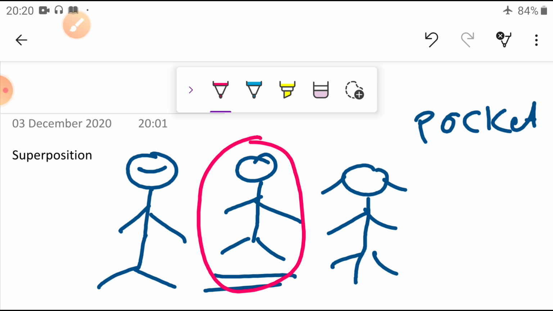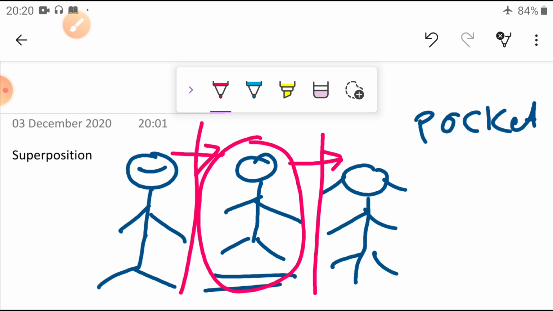Sometimes you take the amount from your mummy without your father's knowledge. Sometimes you take the amount from your father in the absence of your mother.